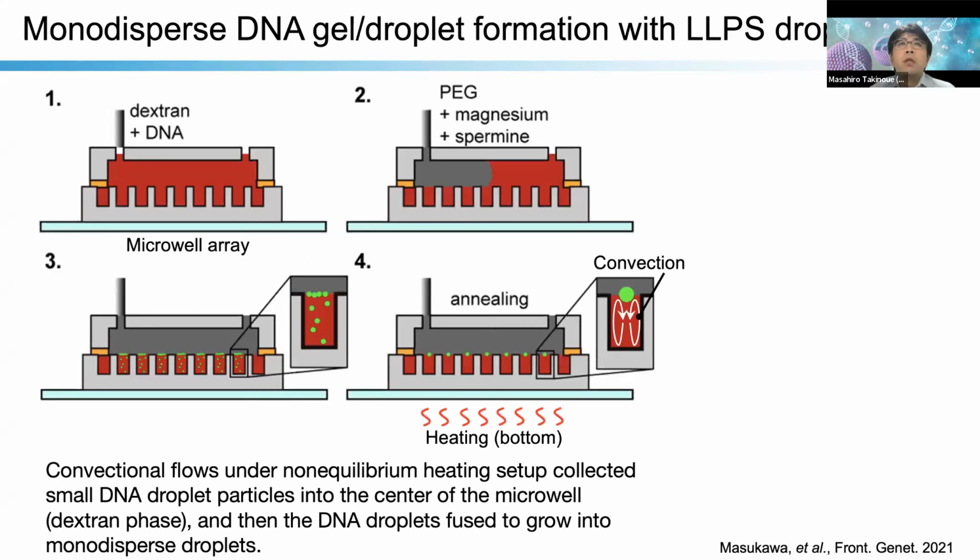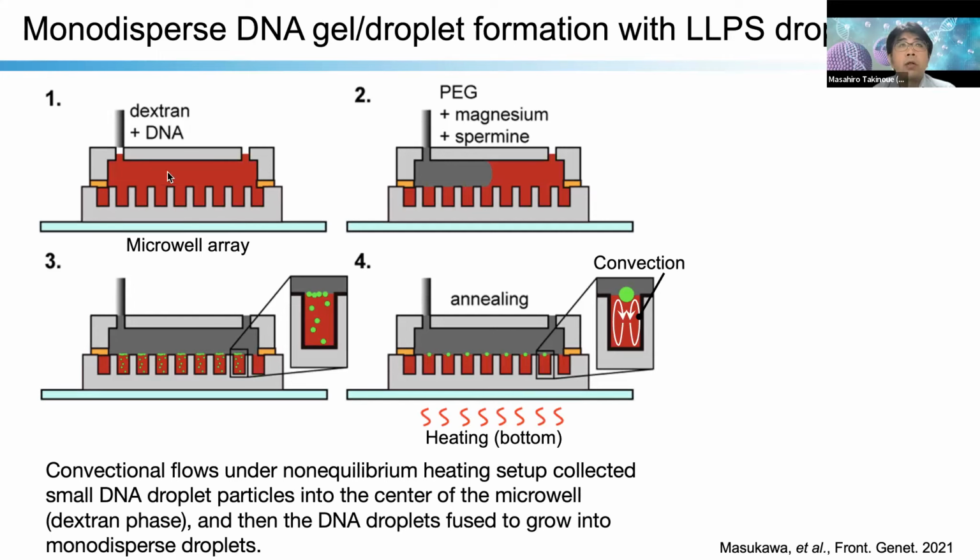Okay, so we apply this phenomenon to microchannels. This is the cross-section view of the microchannel. There is a cylindrical microwell array here. First, the Y motif DNA with sticky ends is dispersed in the dextran phase.